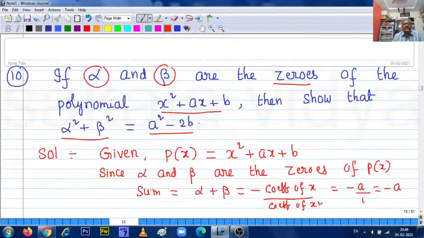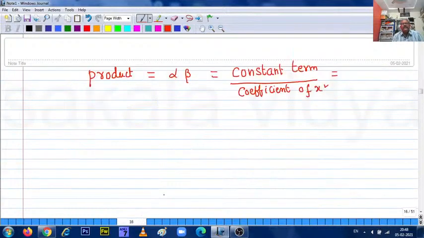What is the constant term here? b. X square coefficient is 1. So that is b upon 1 equals b. So now we need to find out alpha square plus beta square. Now consider alpha square plus beta square.